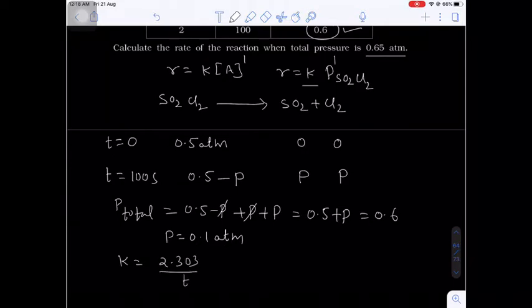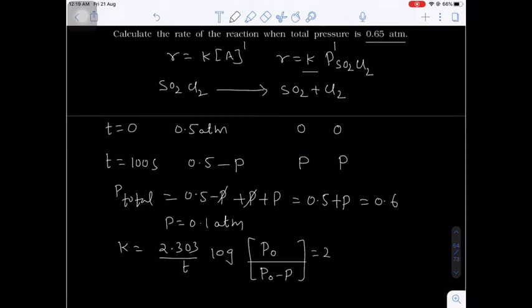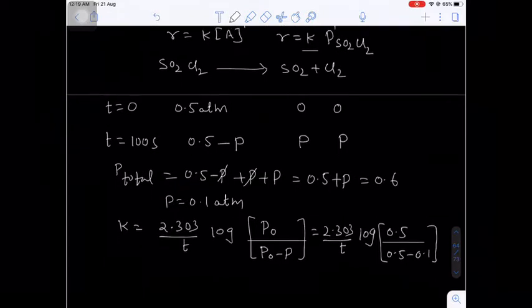Now what is the rate constant K for first order kinetics? K is equal to 2.303 divided by T log of initial partial pressure of reactant P0 divided by partial pressure of reactant at a certain time, that is P0 minus P. Are you getting my point? Now 2.303 by T log of the initial pressure 0.5, divided by, with P equal to 0.1, 0.5 minus 0.1.